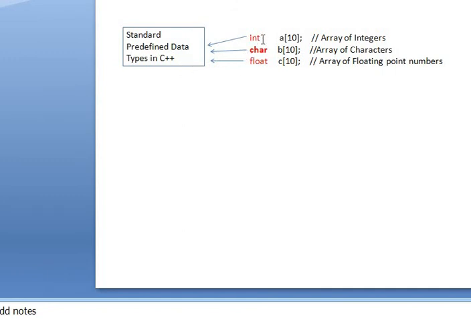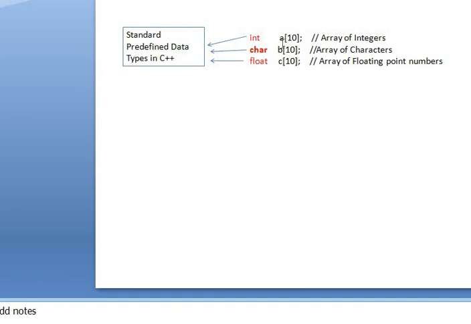That means each of these data types, that is int, char and float, are already defined in the C++ library. When you first install C++ inside your system, all these data types will already be defined in the library.